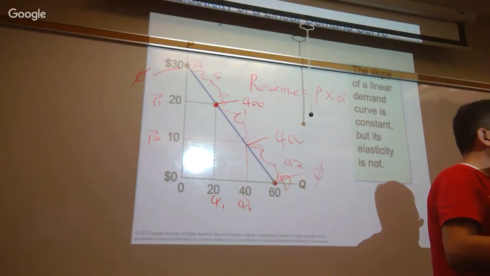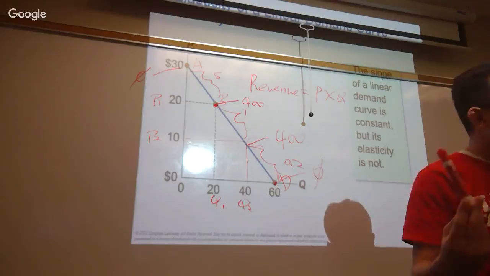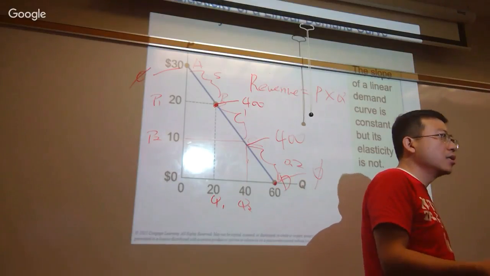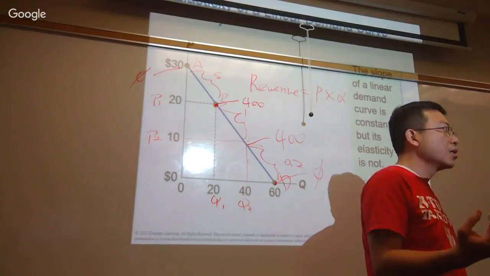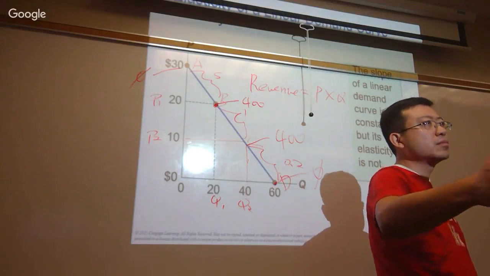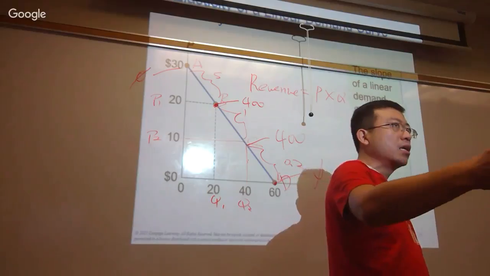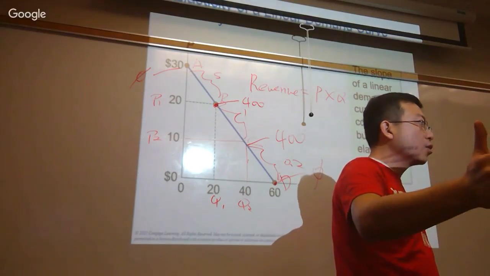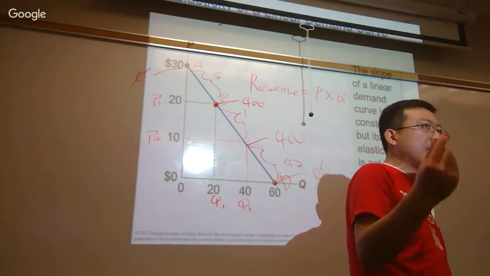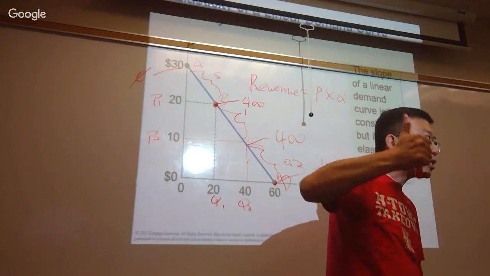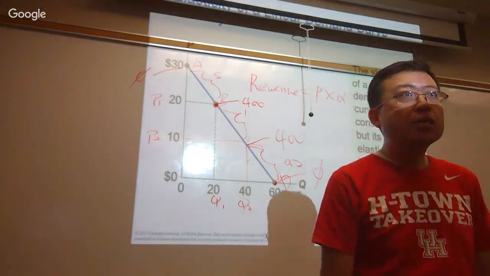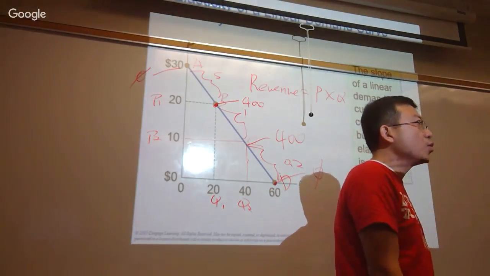So demand elastic, lower the price to increase total revenue. Now, when demand is inelastic, we should increase price to increase total revenue.